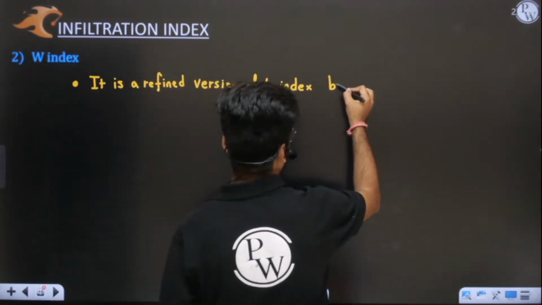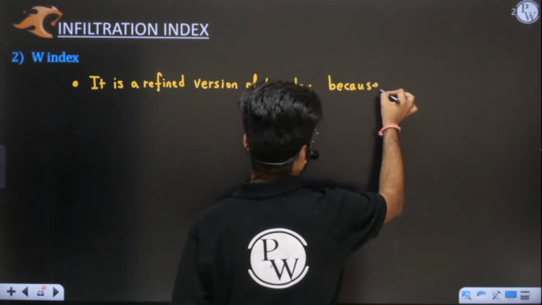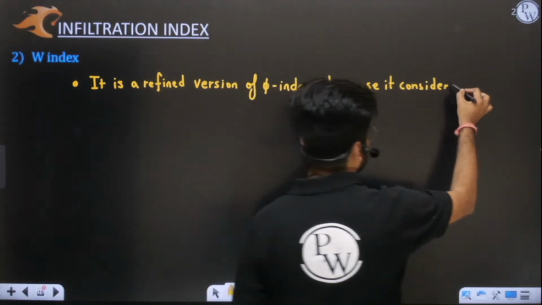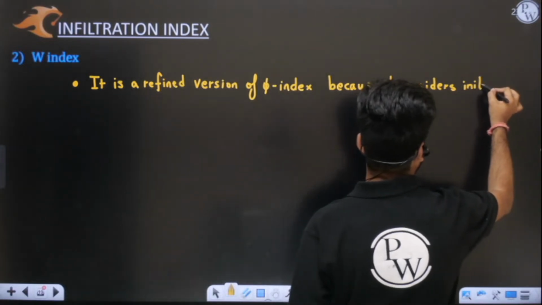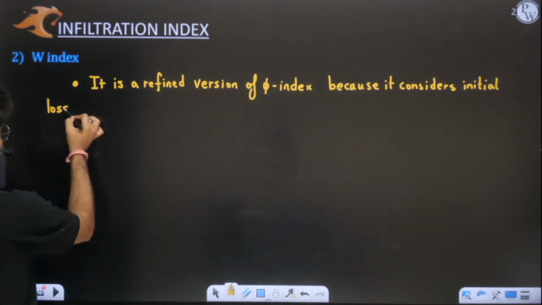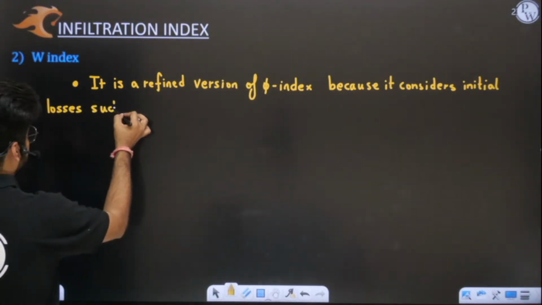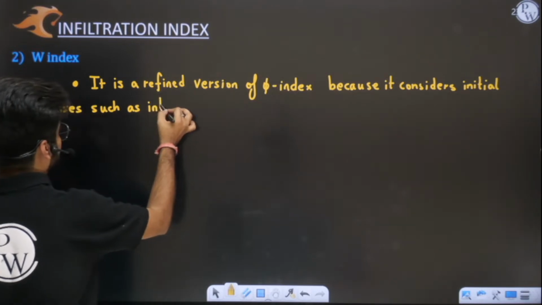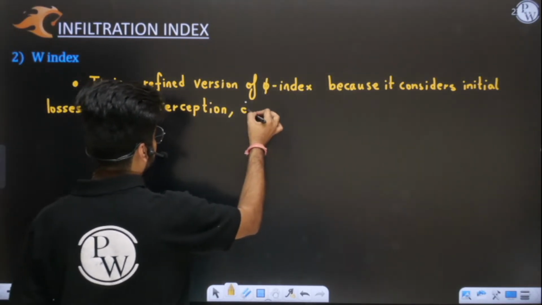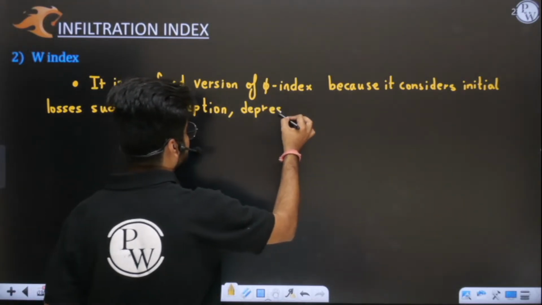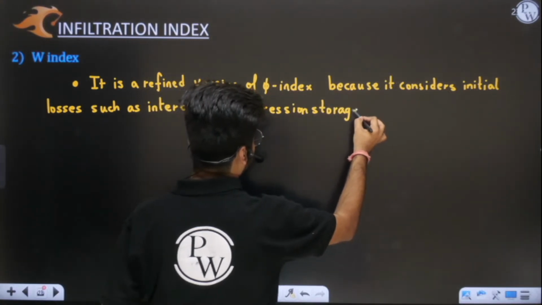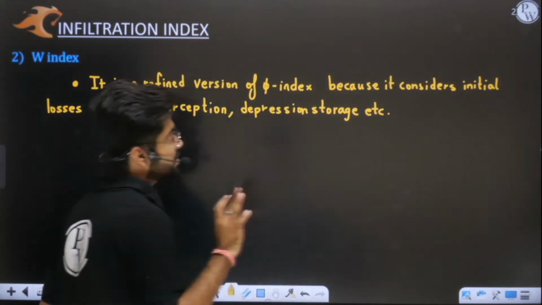It is refined because it considers initial losses such as interception, depression storage, etc. Which means, listen very carefully.